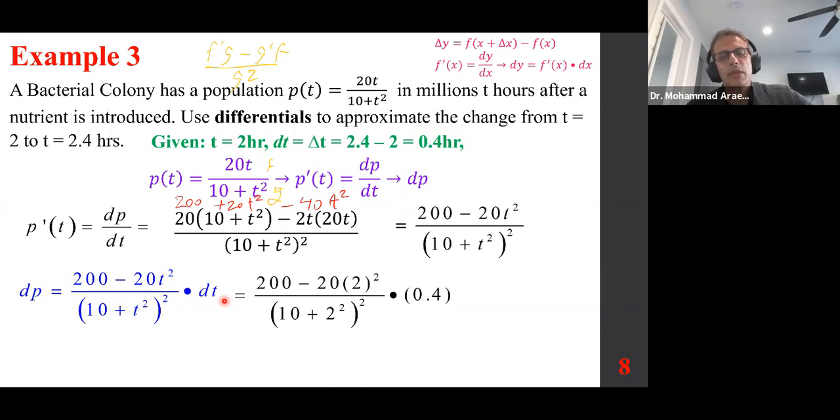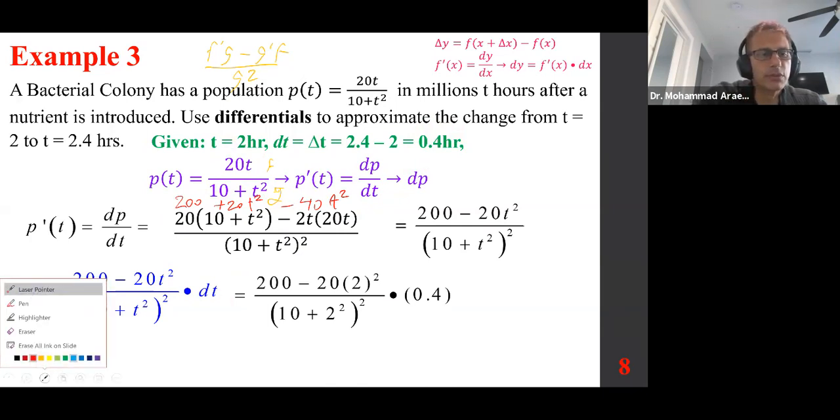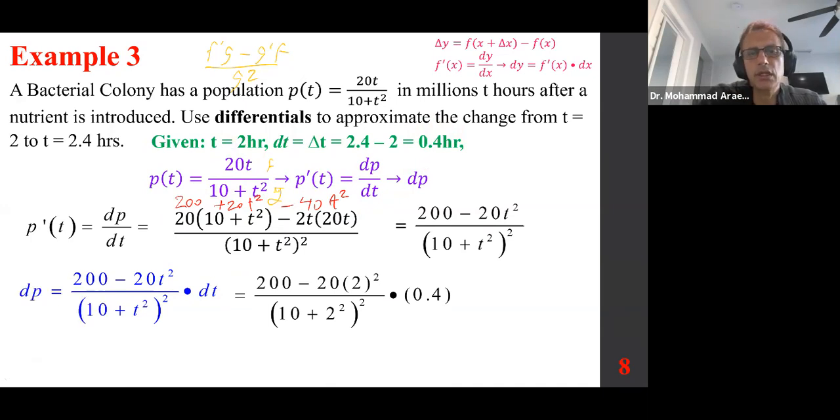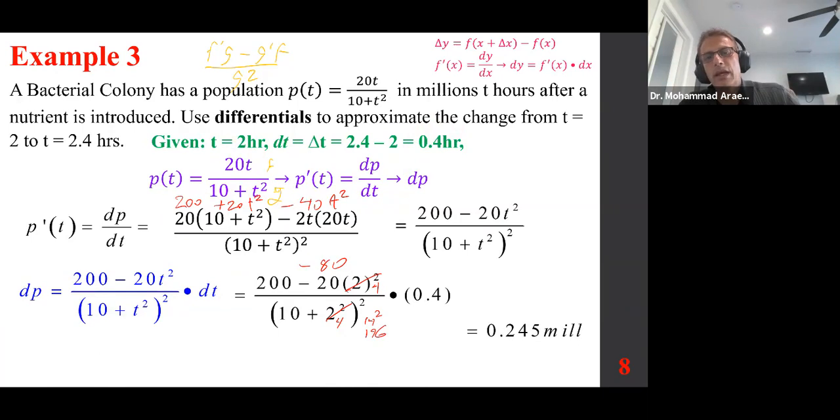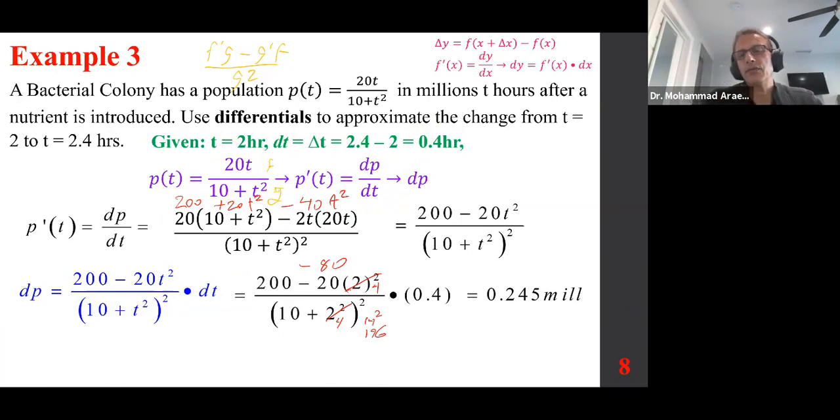Of course, you just plug into a calculator. This is 4, and this is minus 80. This is 4, this is 14 squared over 196. You do the math and you end up with 0.245.